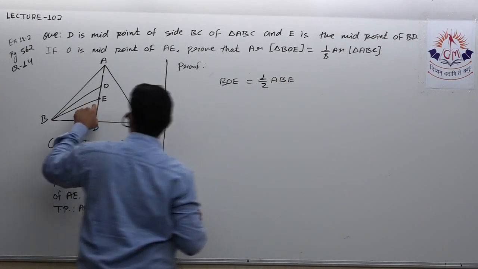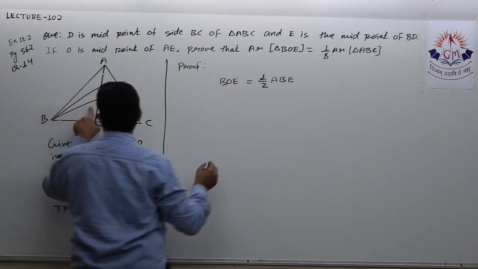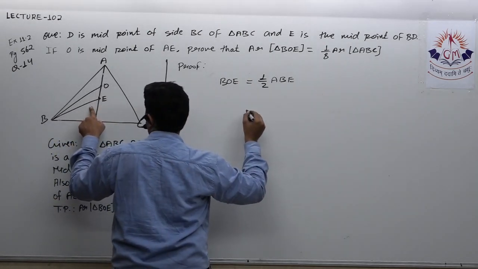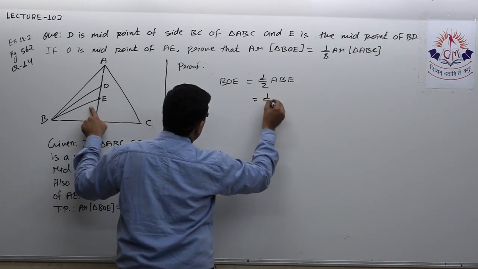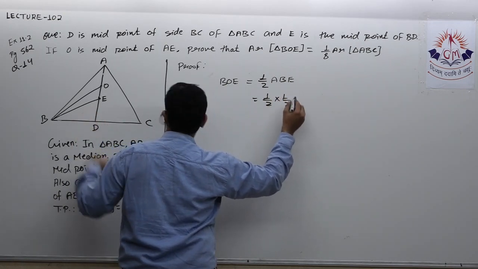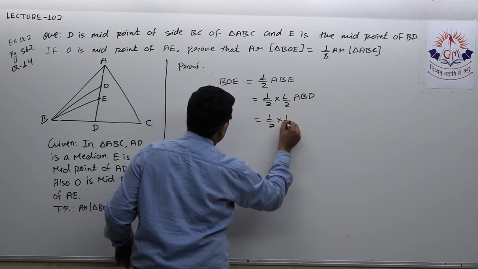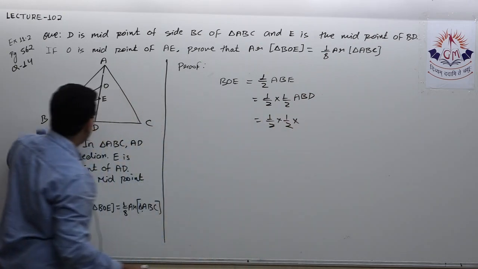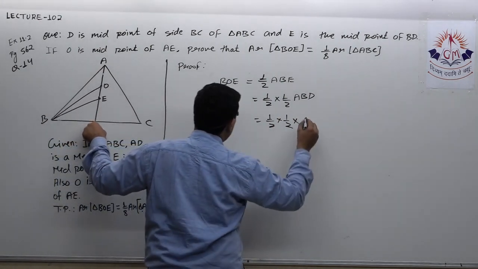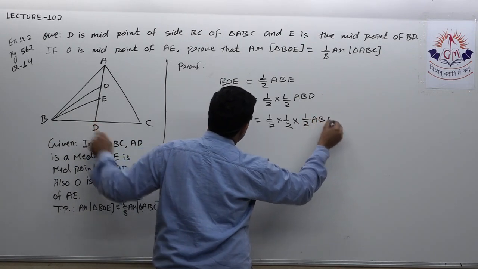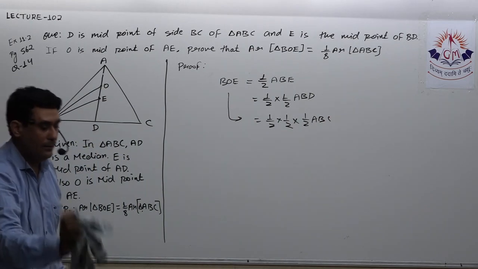Then E is midpoint of AD, that is BE is median, so I can write ABE is equal to half of ABD. Now D is midpoint of BC, that is AD is median, so I can write ABD is equal to half of ABC. In that way I will get BOE is equal to 1/8 of ABC.